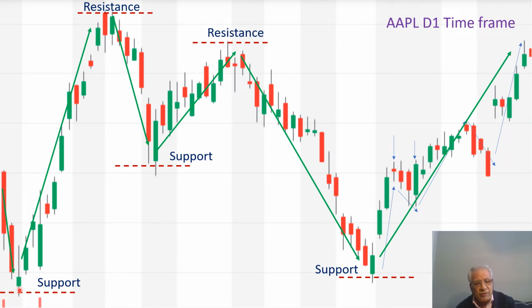So the trend reverses from downtrend to uptrend, and with the appearance of the next candle, which is this one, we enter the market and we put our stop loss 2 ATR below this support.